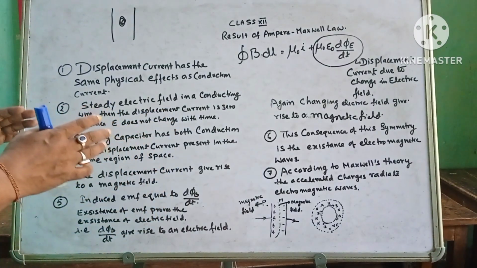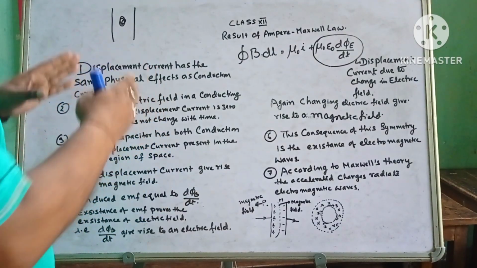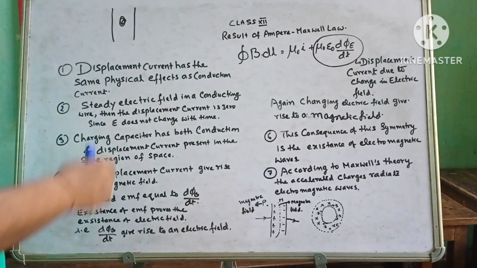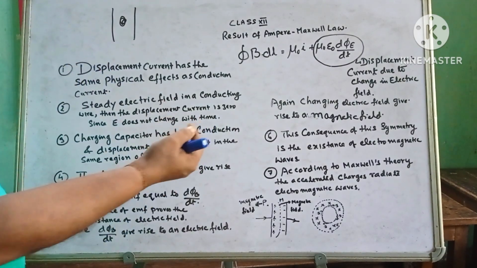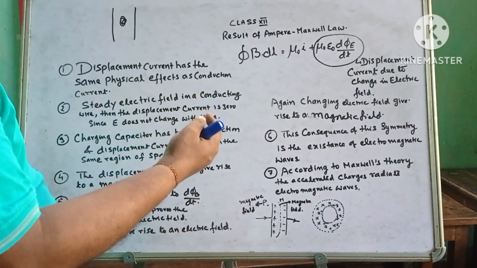displacement current, change in electric field, that is displacement current, and it exists inside a capacitor. The physical significance of this displacement current and the conduction current is that they are the same.